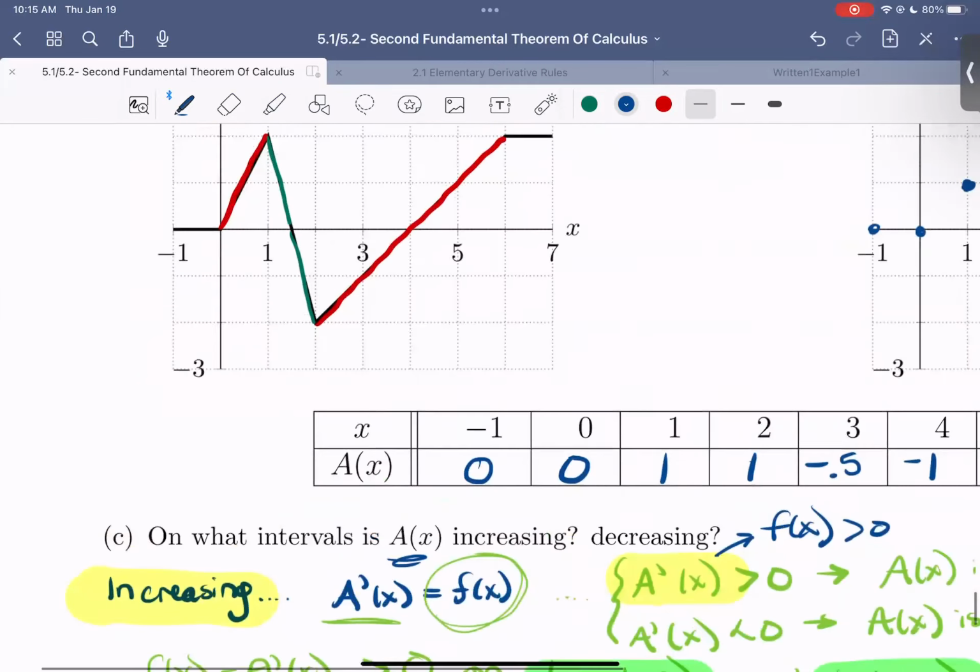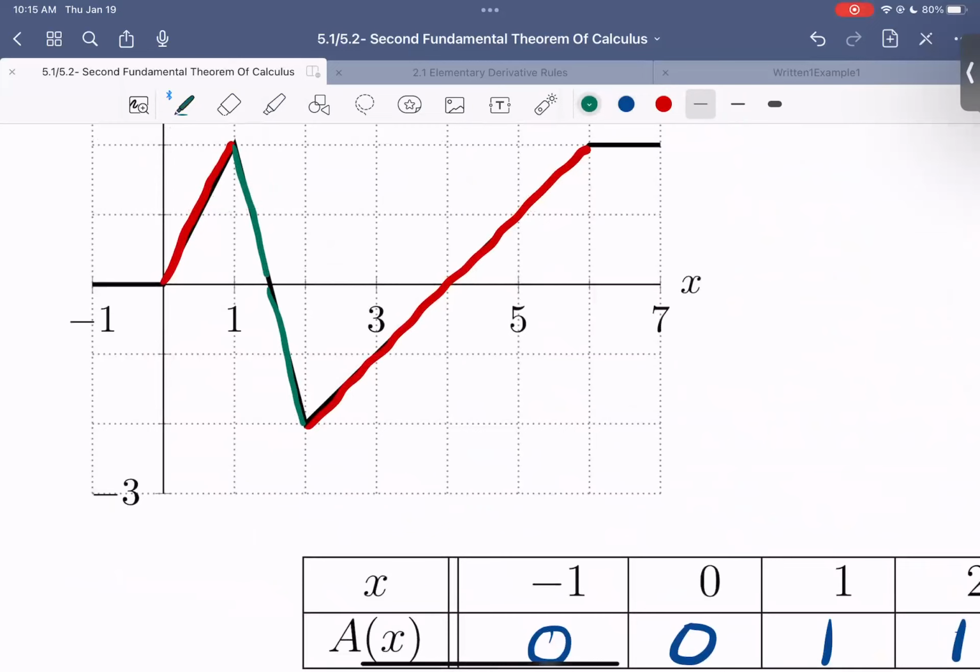So we need to compute this integral, or the area under our curve from 1 to 1.5. So it's going to be the area of this triangle, where we've seen the base is 1/2 and the height is 2. So the area is going to be 1/2 times base times height.